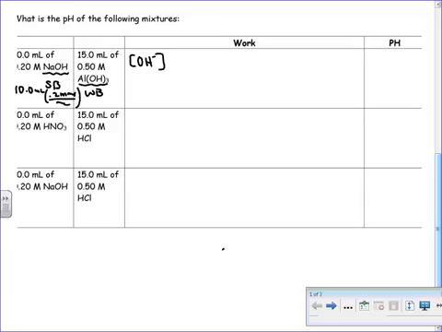That's going to give us 2 millimoles of hydroxide ion. And now we'll divide by the total volume. 10 plus 15 is 25 milliliters.